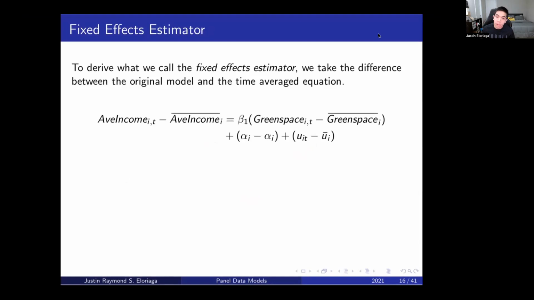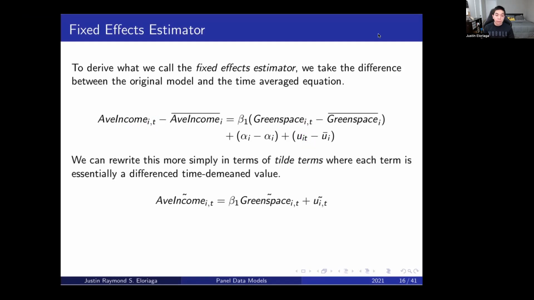To derive what we call the fixed effects estimator, we take the difference between the original model and the time averaged equation. This is our original model wherein we have both the subscripts. What we do is subtract the time averaged equation we derived in the last slide. So we subtract the two, and what we now derive is an estimator for the fixed effects model.